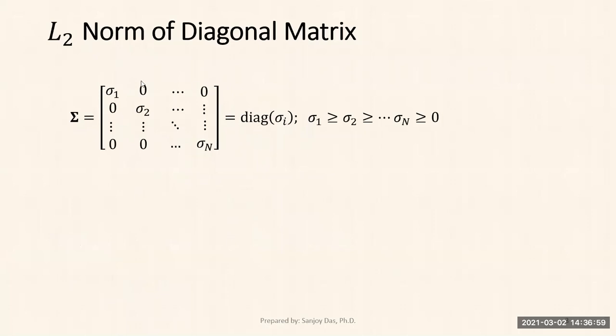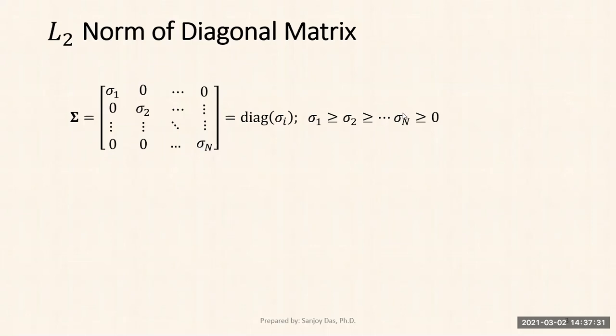Just to make this sigma look like the sigma matrix of SVD, I'm assuming that sigma 1 is greater than or equal to sigma 2, greater than or equal to sigma 3, and so on until sigma n, and they're all greater than or equal to 0. These are all non-negative, sigma 1 is the highest, sigma 2 is the next highest, and so on. So this is my diagonal matrix.